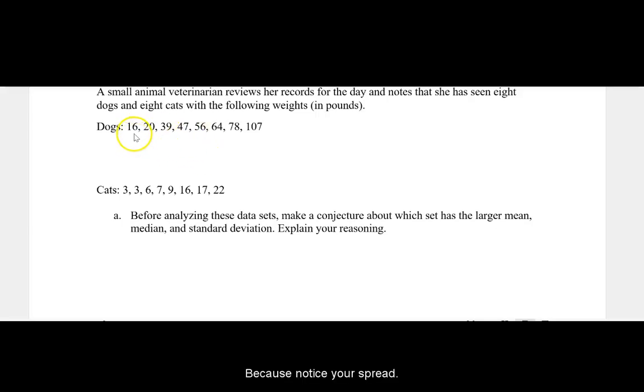Because notice your spread. Your lowest weight here recorded is 16 and the highest weight is 107. So I'm going to expect a larger spread in the data and therefore a larger standard deviation. Notice here the cat weights just go from 3 to 22. So I would expect a smaller spread in comparison to the dogs.